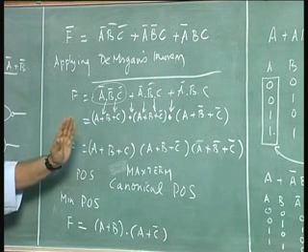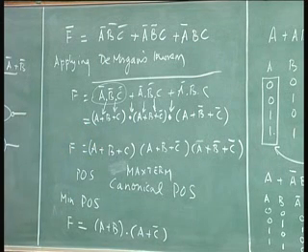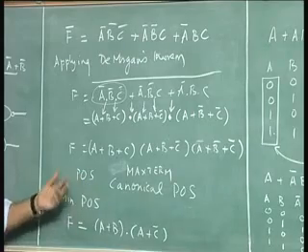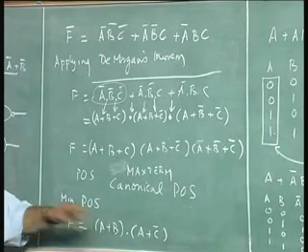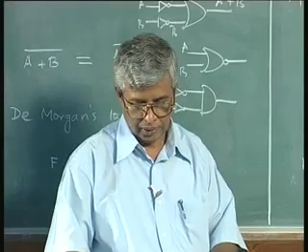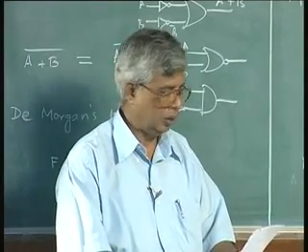I wanted you to apply known Boolean identities, or unknown Boolean identities, any identity which I would have missed here is also fine with me, and get it in a minimum product of sums, and that happens to be this form. In this form I want it. So can you do that as an exercise? That is A or B and A or C bar.